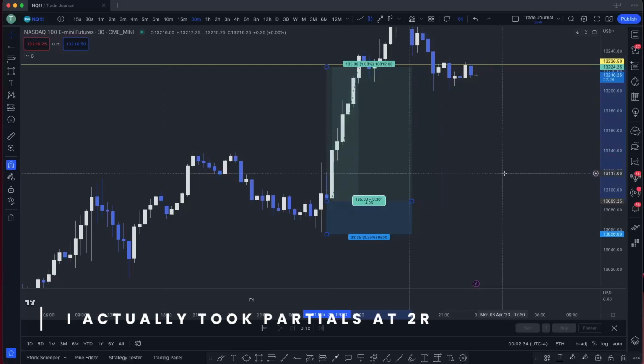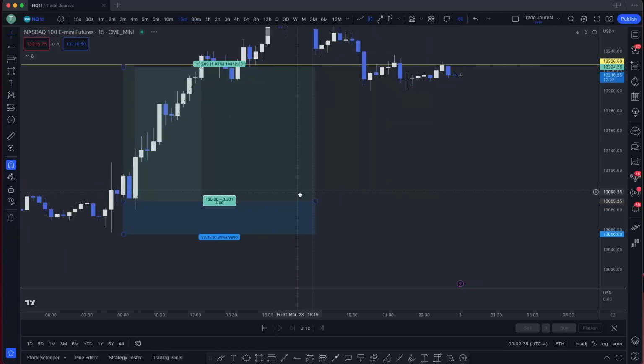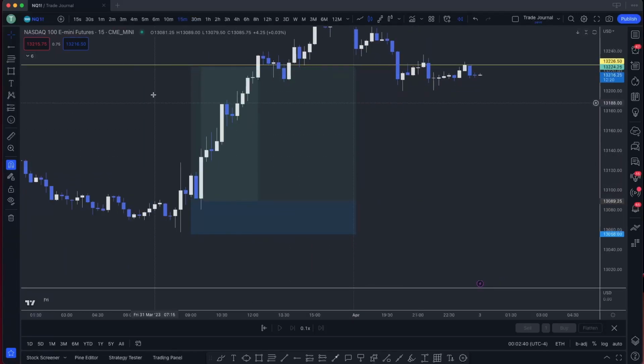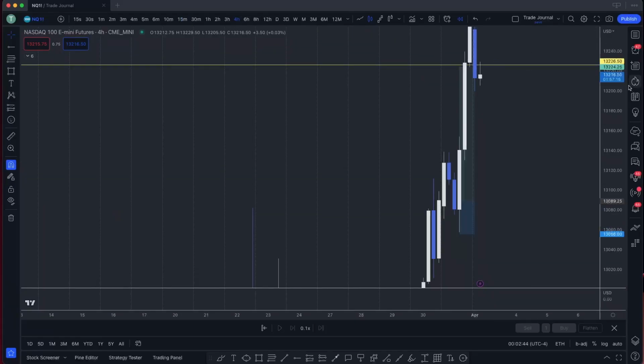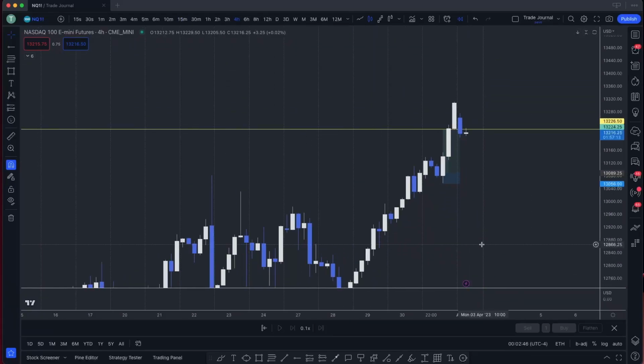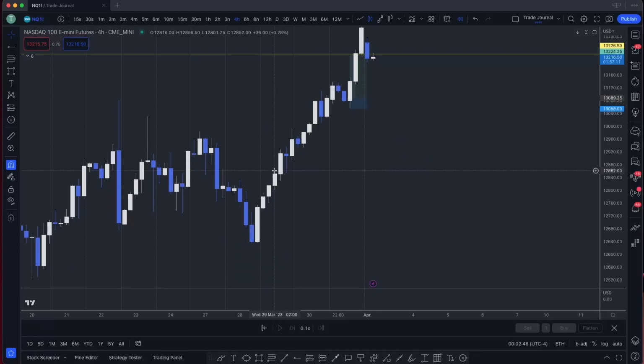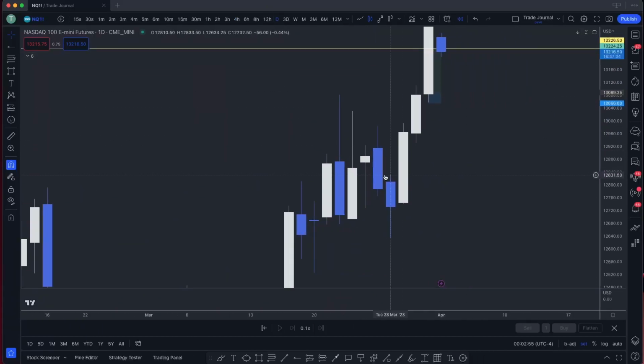Exactly, like 4R. And on these days, there's just no heat. There's no pullbacks. It's very stress-free. And so that's the importance of having a bias, and waiting until we have clear evidence of what it wants to do.